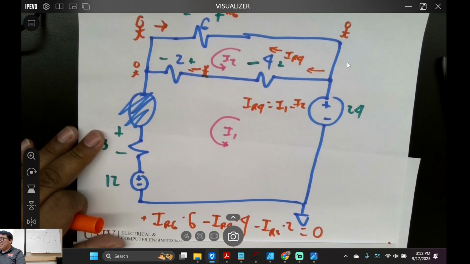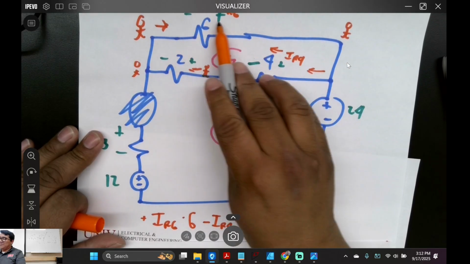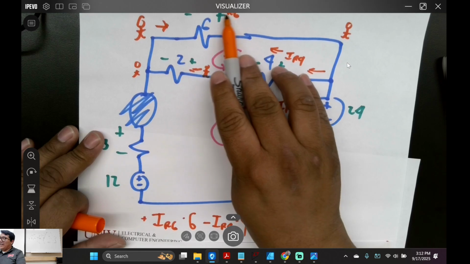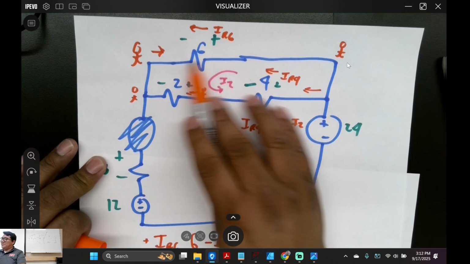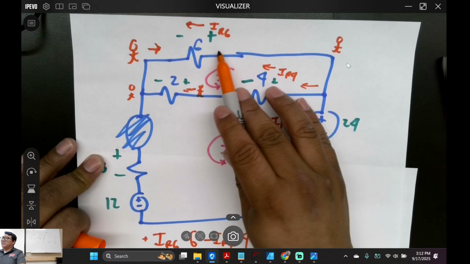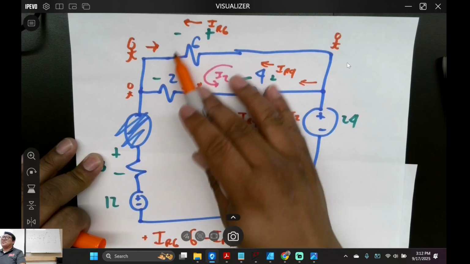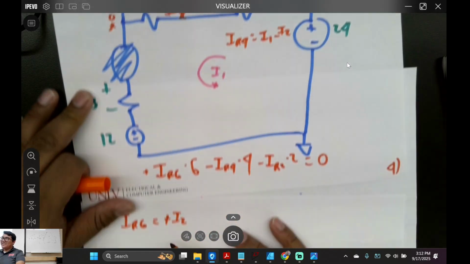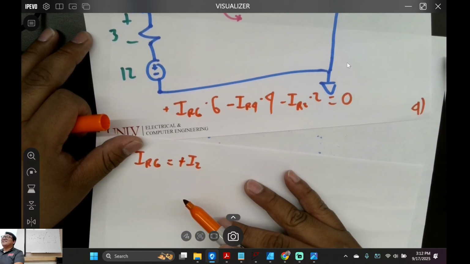So what I was thinking was, wait a second, I'm going against it, but because I'm going minus to plus, I'm going up. But IR6, the current in this resistor, I defined going that way, plus to minus. But relative to this, I2 is also following it. IR6 and IR2 or I2 are all in the same direction, so it's plus. Did you see that I caught my mistake?